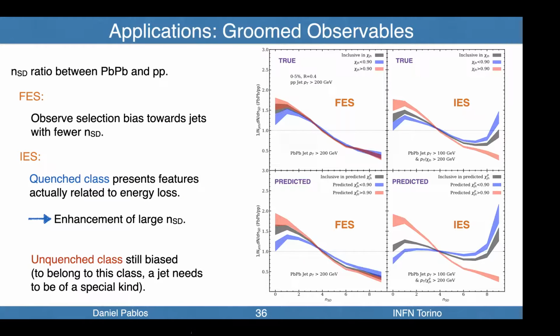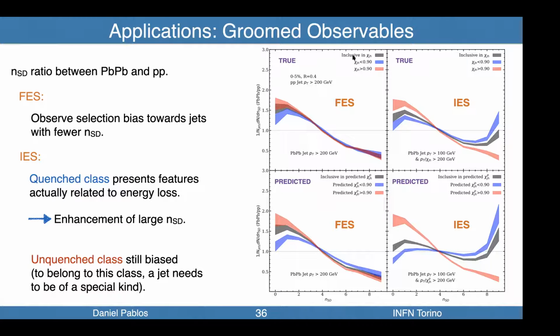Now, let's look at some of the interesting observables, like the number of subdrop splittings. In the final energy selection, no matter if you do quenched class or unquenched class, both of them are pretty concentrated around no modification. The quenched class is almost the same as the unquenched class.